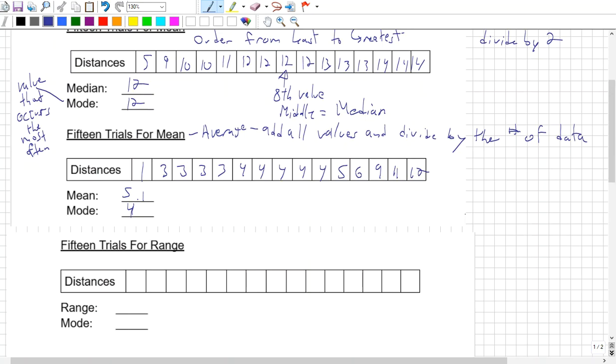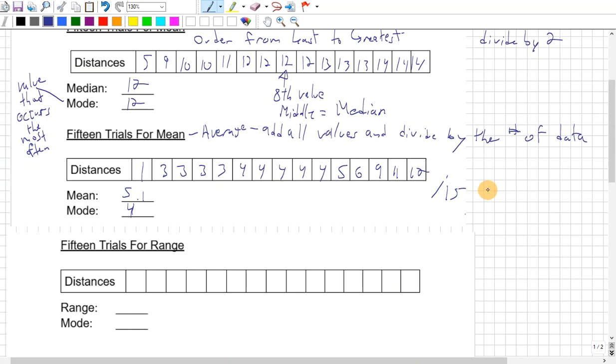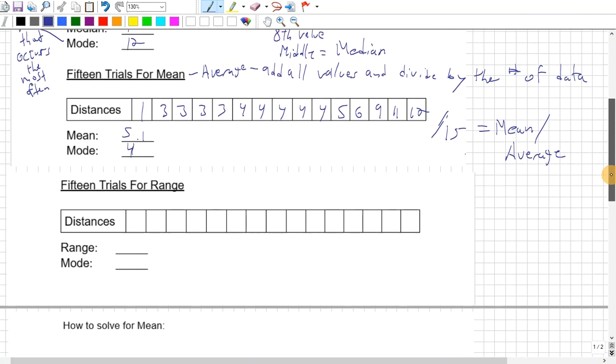Okay, and all that data, we can add all those values up, and then we would divide by 15, right? Add the total up, divide by 15, and that would be equal to the mean, or average. Okay, mean and average are the same thing. So hopefully that one makes sense too.